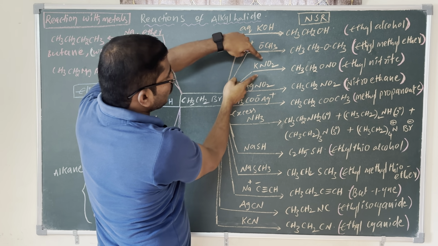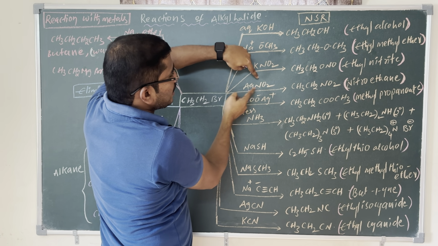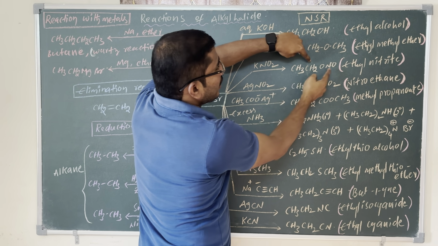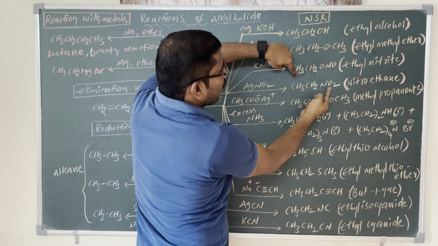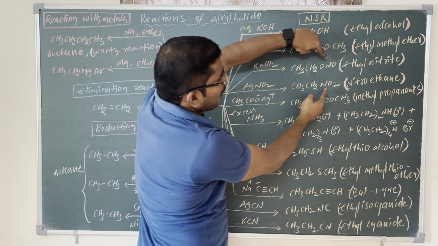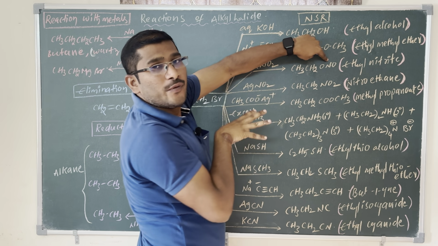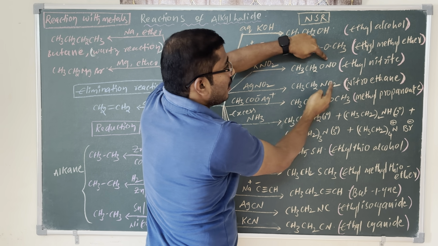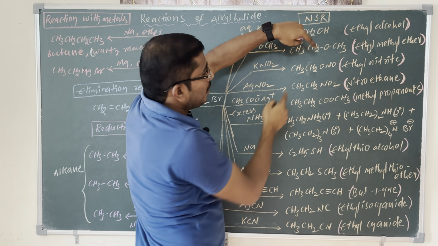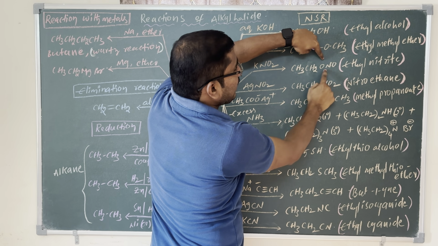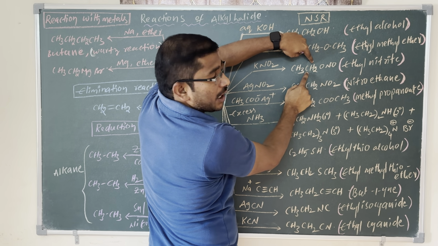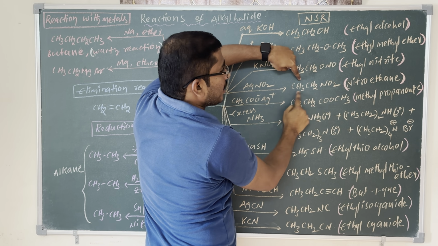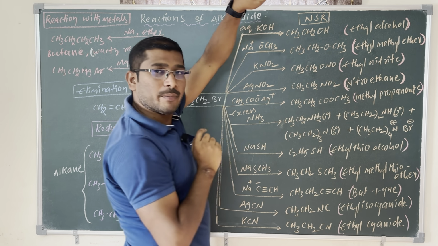In these two, potassium nitrite gives ethyl nitrite, and silver nitrite gives nitroethane. Both are ambidentate nucleophiles having the same molecular formula but bound through different atoms. In ethyl nitrite, oxygen is bound directly to the carbon atom. In nitroethane, nitrogen is directly bound to the carbon atom.